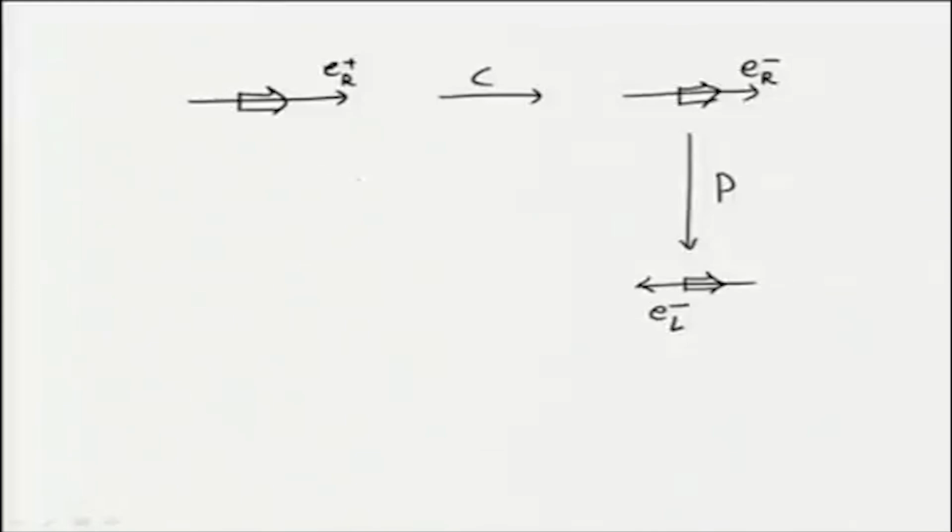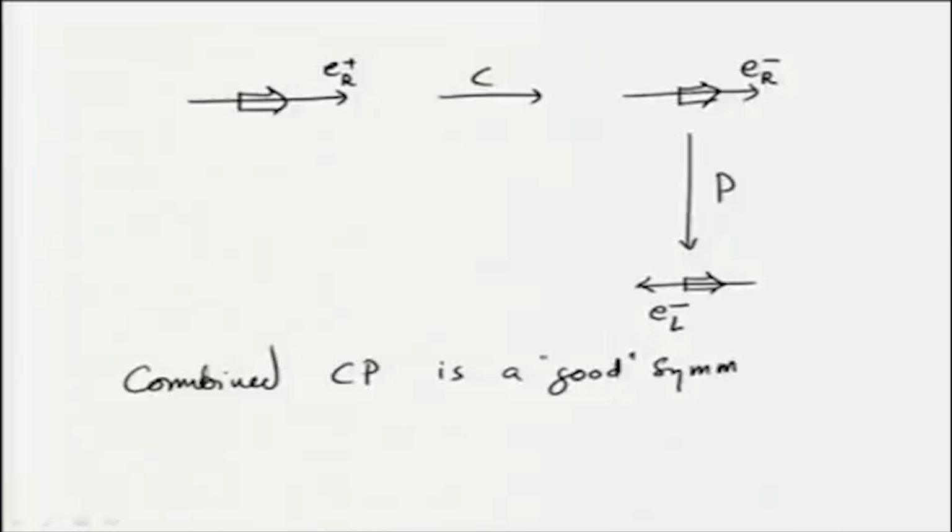So, in the combined charge conjugation and parity transformation, it seems to be all right. So, combined CP is a good symmetry. When I say good symmetry, it means that the interaction conserves CP.